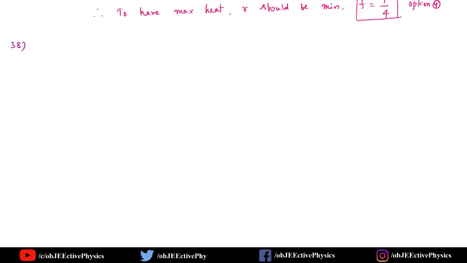Here, the same source when connected with two different external resistances in the same time gives the same heat generation. Heat generation Q1 is equal to Q2, that implies we can take I1 square R1 into T equal to I2 square R2 into T. Out of the 3, why should we take only the I square RT formula?